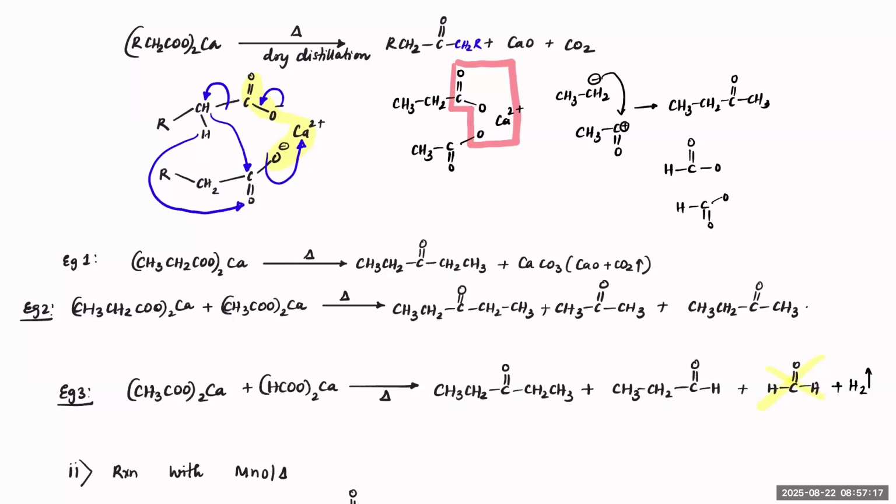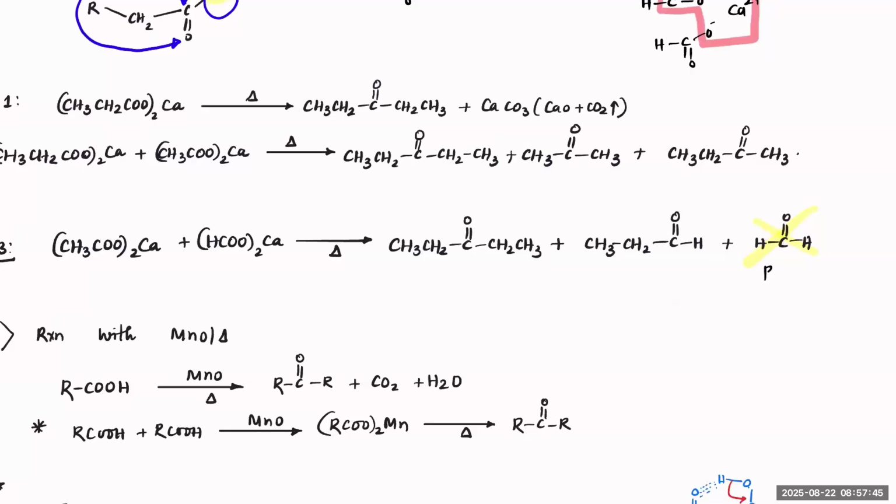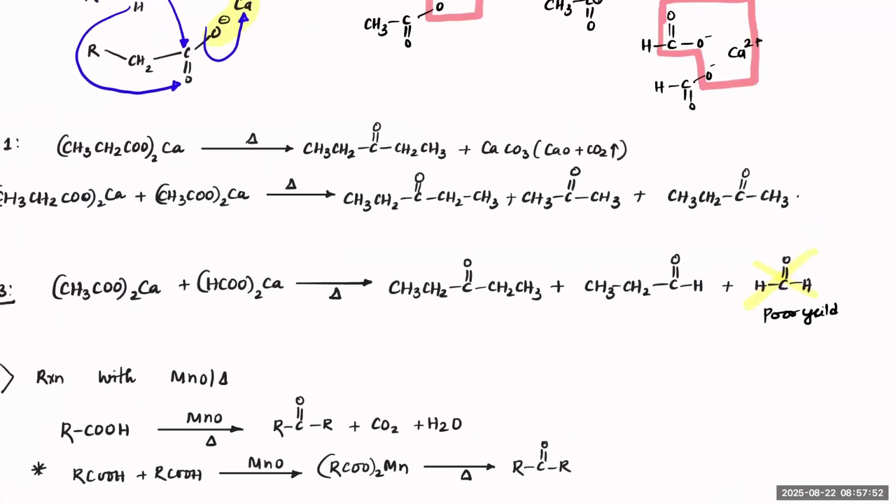This is with minus and calcium 2 plus. So now we remove the calcium carbonate from here. So what is formed? H minus is formed. That H minus will connect onto this C, right? So we should get an aldehyde. Sorry, not H2, my mistake. It's not H2, I meant to say this one, okay? But this is a poor yield. Why poor yield? The reason being that forming H minus is very difficult, correct?